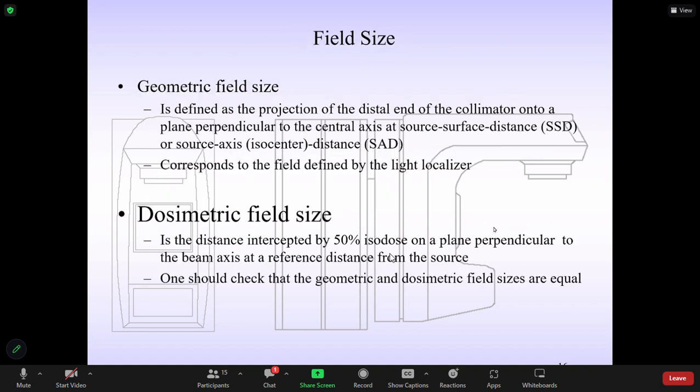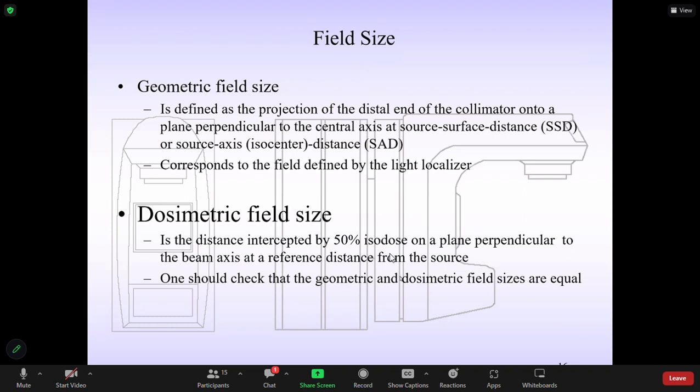So what is a geometric field size? Geometric field size is basically the physical field size, what we define, which is the opening perpendicular to the distance, source to surface distance.